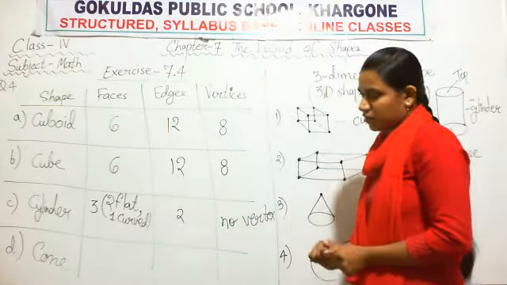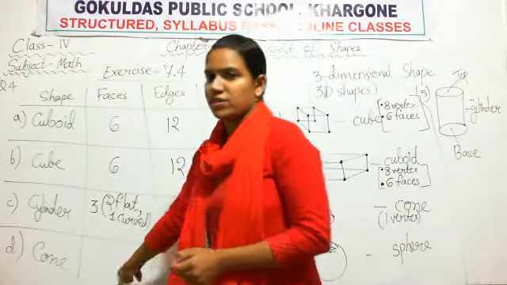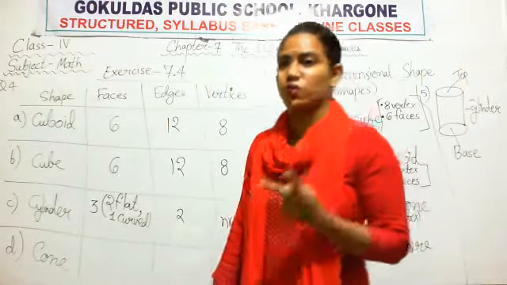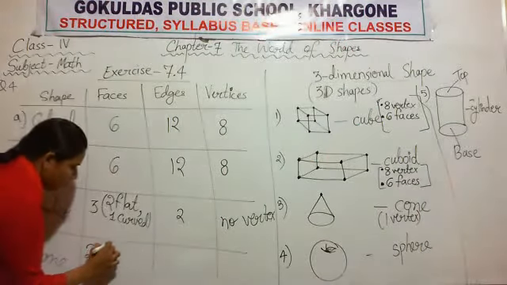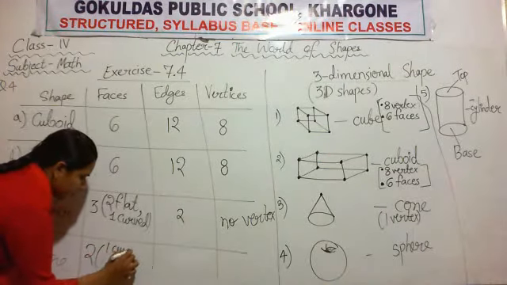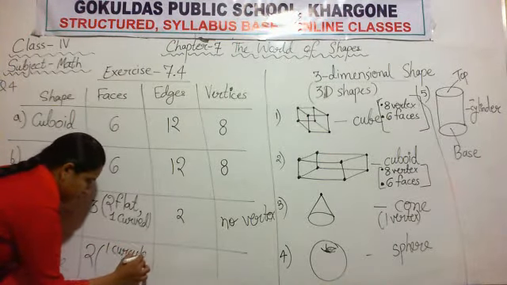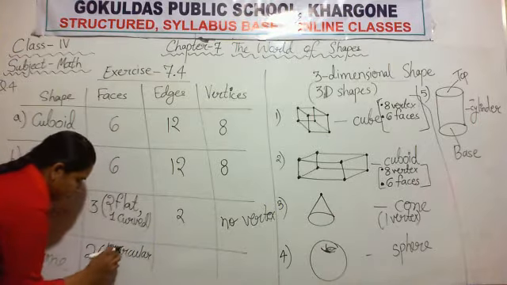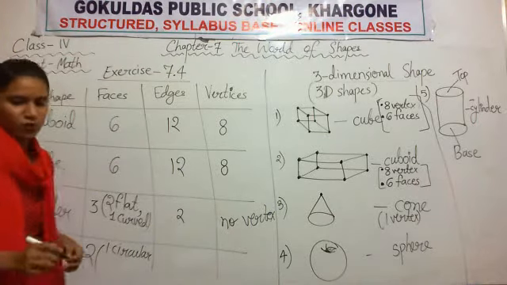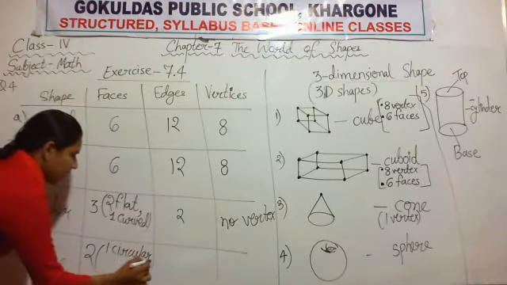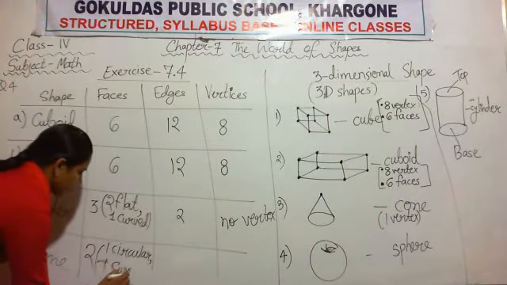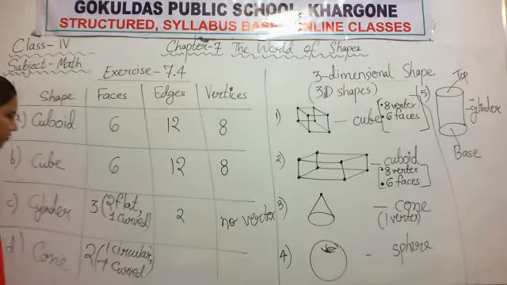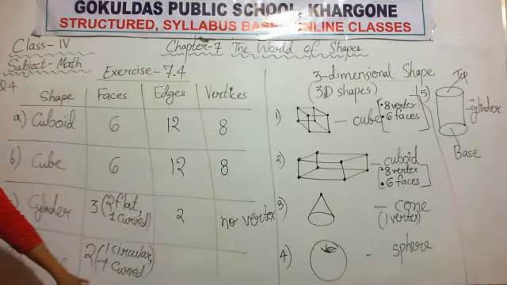Now the last one, cone. How many faces does cone have? It has two faces. One face is circular and the next face is curved. Okay, it's your choice. If you want to write these basic details, you can write.